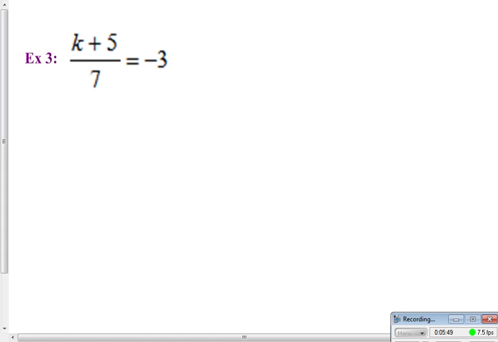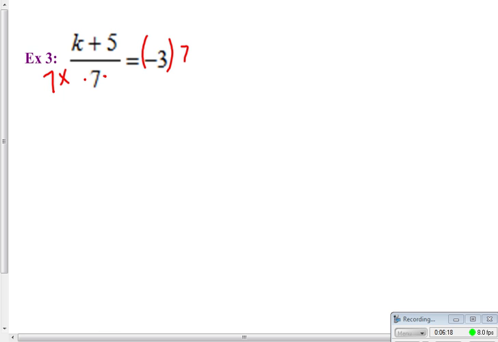Our last example here, in example 3, we actually have to do step 1. Notice how the left side of our equation is totally being divided. You only take this step when you have division on one side and the entire side is being divided. So we need to get rid of this division here of 7. In order to get rid of dividing by 7, we multiply by 7. What you do to one side, you do to the entire other side.